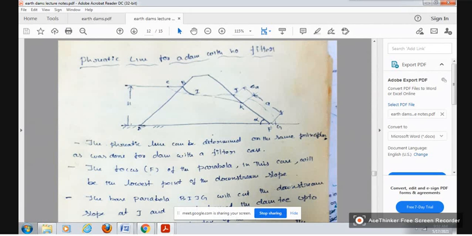In the earlier case, the focus was the starting point of the horizontal filter. In this case, the toe is the focus. Everything is the same. First locate C. How do you locate C? From B, it is 0.3 L. What is L? L is the horizontal projection of the wet face of the upstream side. So this is the starting point.